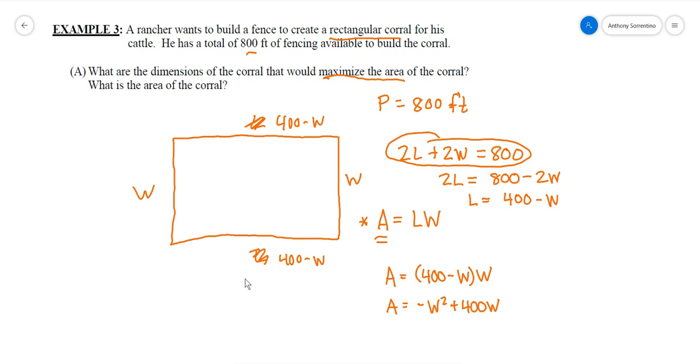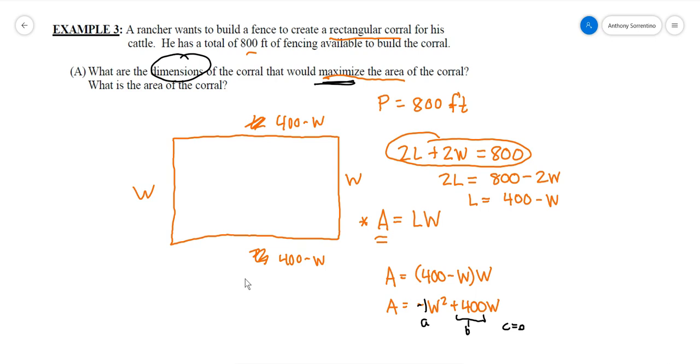It doesn't have a C value, which is okay. But, if I'm going with my terminology, this negative 1 here is A, 400 here is B, and of course C is going to equal nothing. So I have a formula for this. I want to find, what are the dimensions and what's the maximum area.